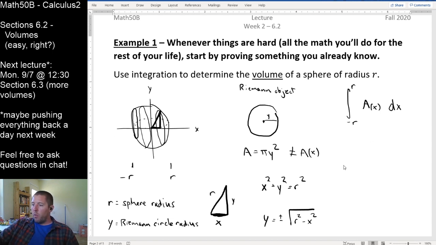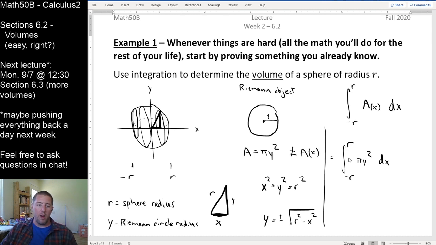So it looks like now we've got some stuff we can actually evaluate here, right? It looks like I can say, well, now we're going to go from the x value from negative r, that's the left of my sphere, to the x value of positive r, that's the right end of my sphere. What's the area of each of the circles that we're adding up? Well, each one is really pi times y squared. But pi times y squared isn't helpful for me because, remember, we chose to add all these things up from left to right.